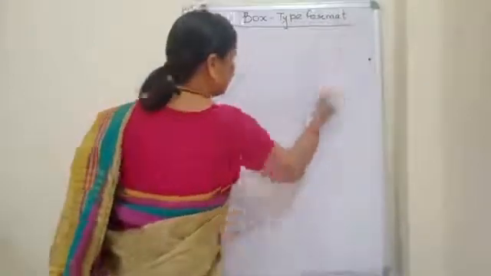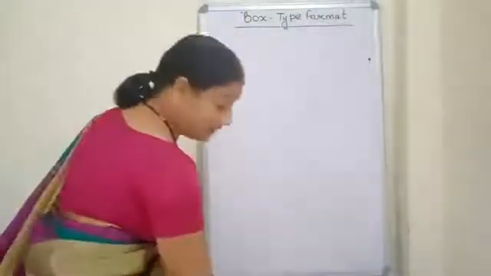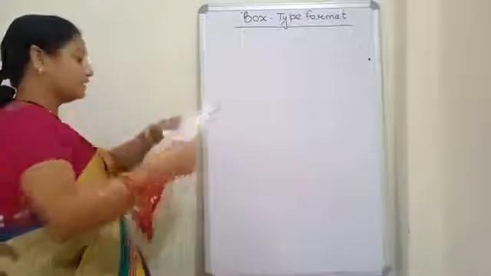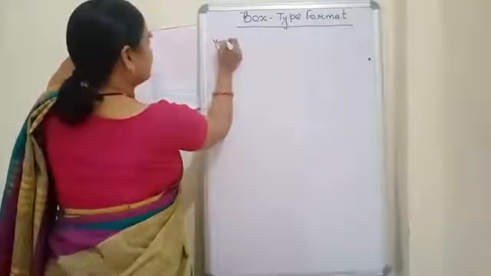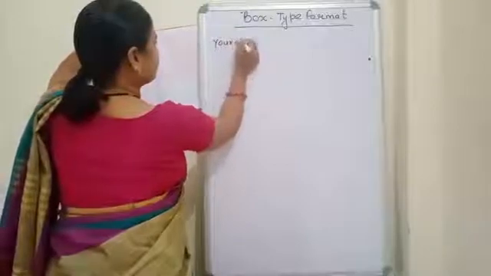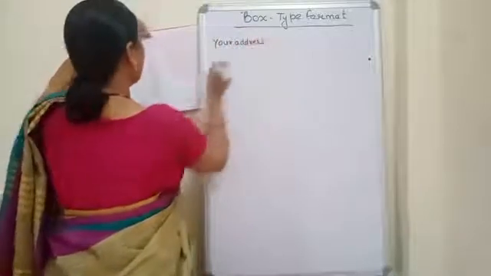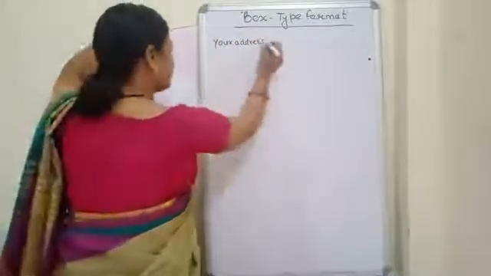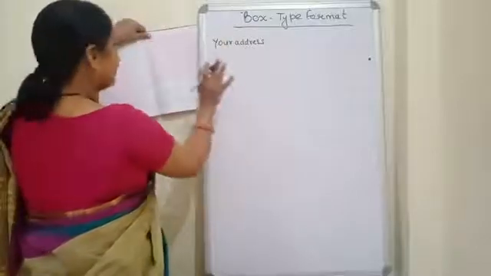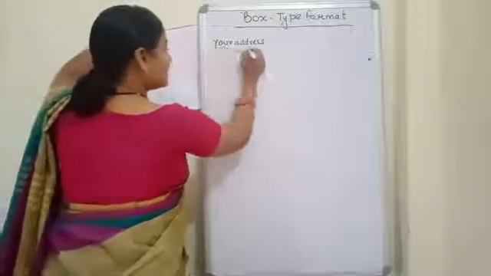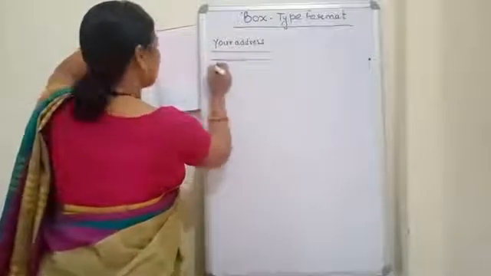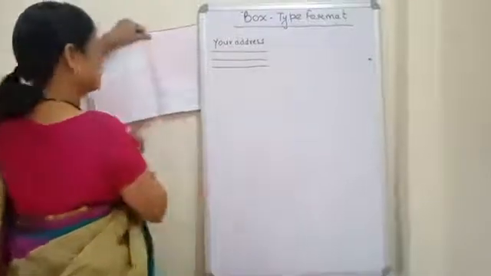We write everything on the left side only, like your address. If you are putting commas and so on, then at the end we give the full stop. Your address must be in maximum three lines.